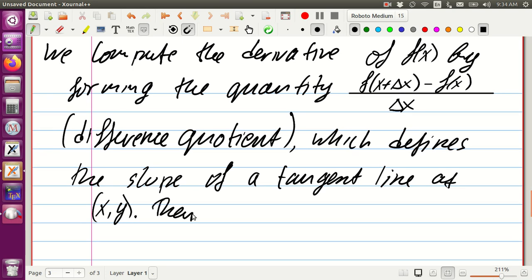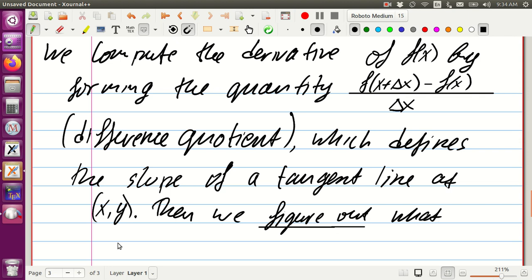Then after we form the quantity, we figure out, and I'll put "figure out," but in the future we'll make it more precise, instead of just "figure out," a specific precise mathematical procedure.